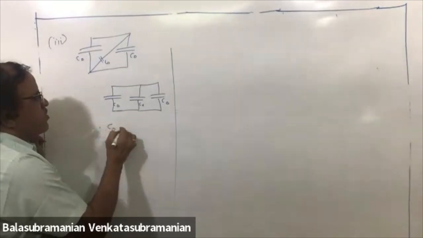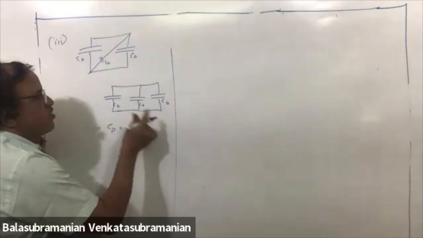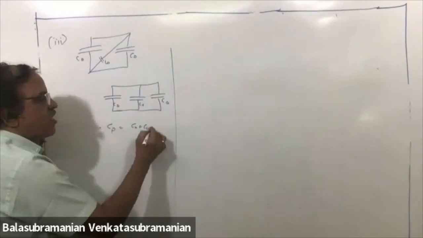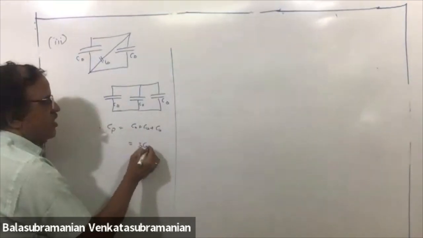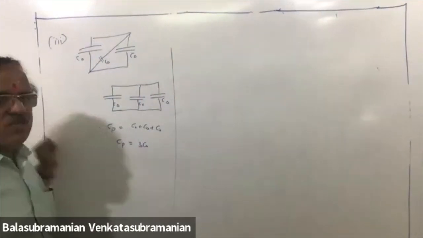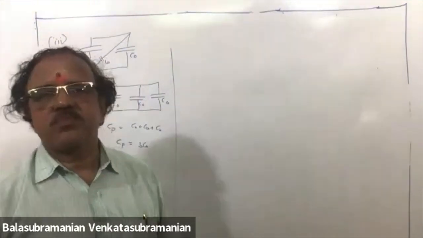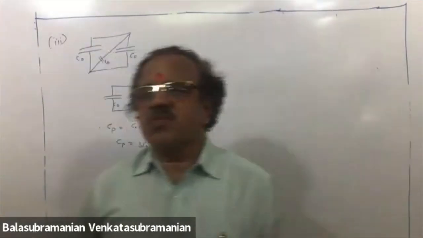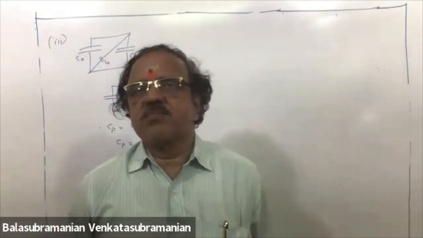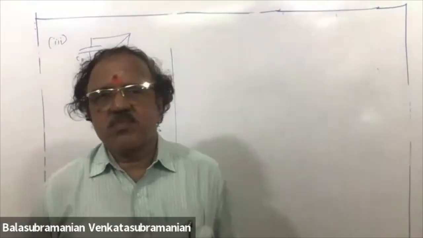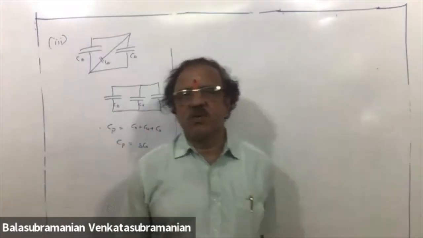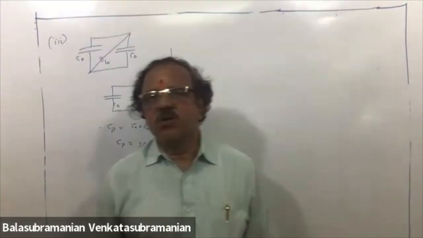CP is equal to C naught plus C naught, 2 C naught. That 2 C naught is connected in parallel with another C naught. So directly you can write 3 C naught. Straight. Okay. Some problems might be complicated slightly. Current electricity is similar to that. We are going to show resistors using Kirchhoff's law, Ohm's law.